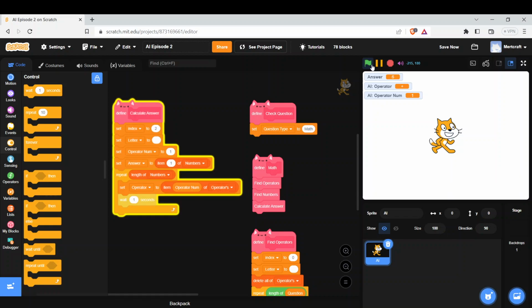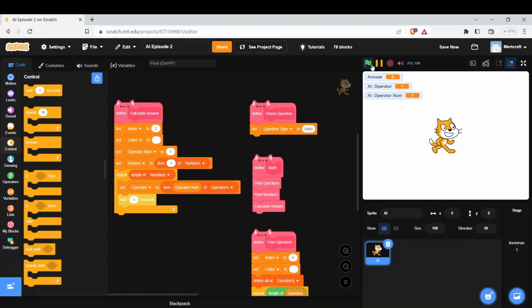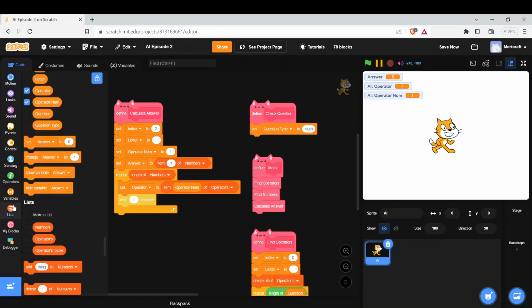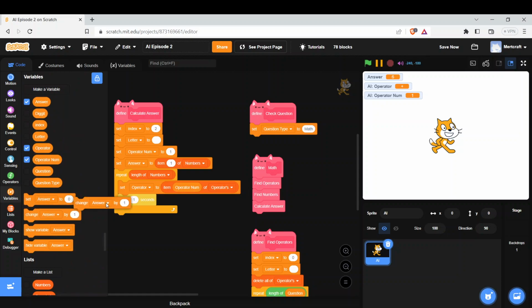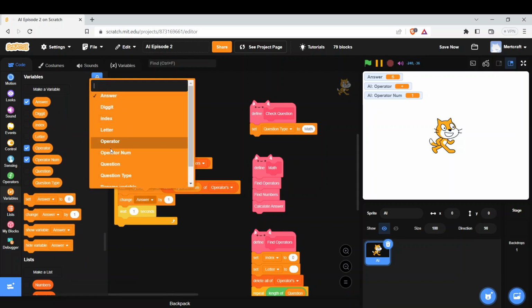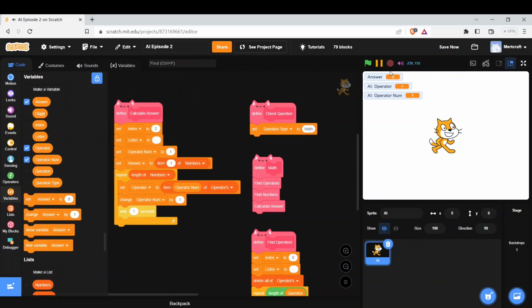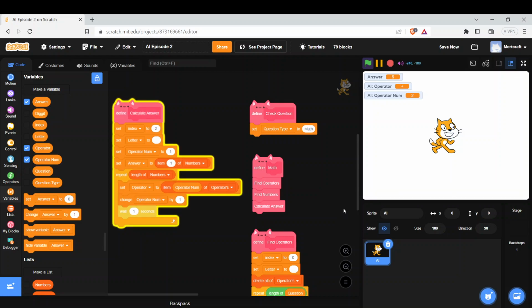Plus. And then. Oh god. It didn't work because we didn't put a change operator num by 1. Yeah, we need to put the change block. And now let's try it. 6 plus 6 minus 3 sets to plus and then minus.